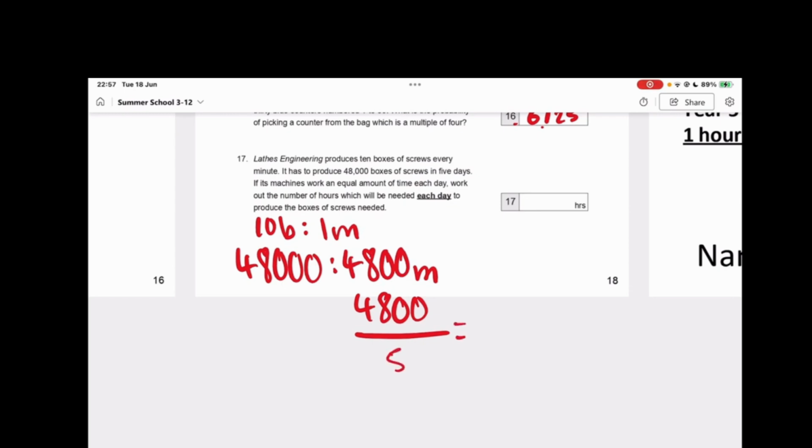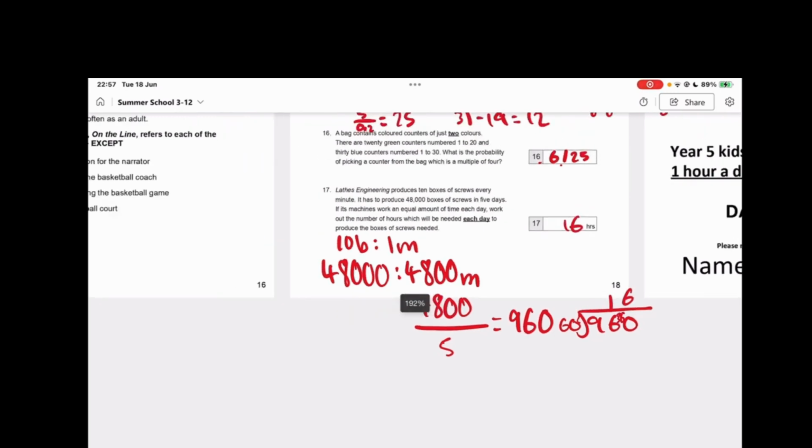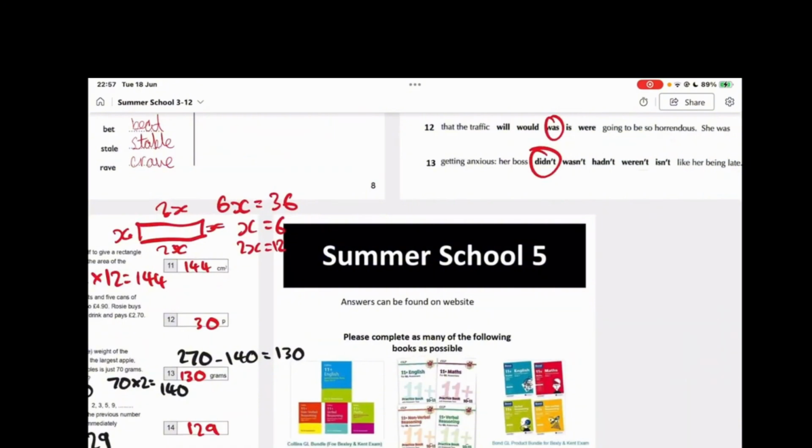So 4,800 divided by 5 is 960. And then we do 960 divided by 60, because 960 minutes will need to be worked each day, and that equals 16 hours. And that is the answer to question 17.